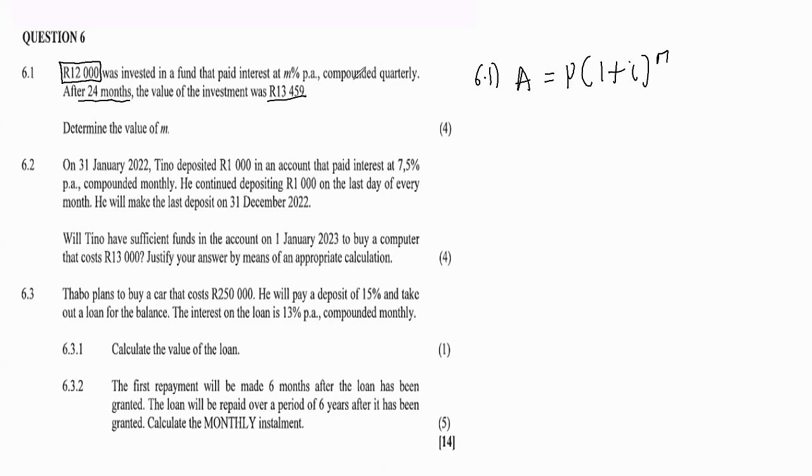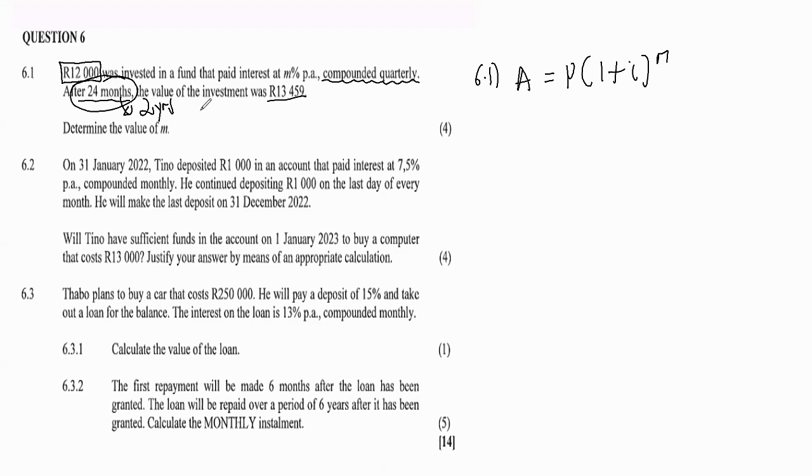Right. Note that we are told that this is compounded quarterly, but here we are given the time in months. So we must find how many quarters are in 24 months. Now you will realize that 24 months is similar to 2 years, right? How many quarters are in a year? We have 4, because remember a quarter is a period of 3 months, like the terms in which you go to school.